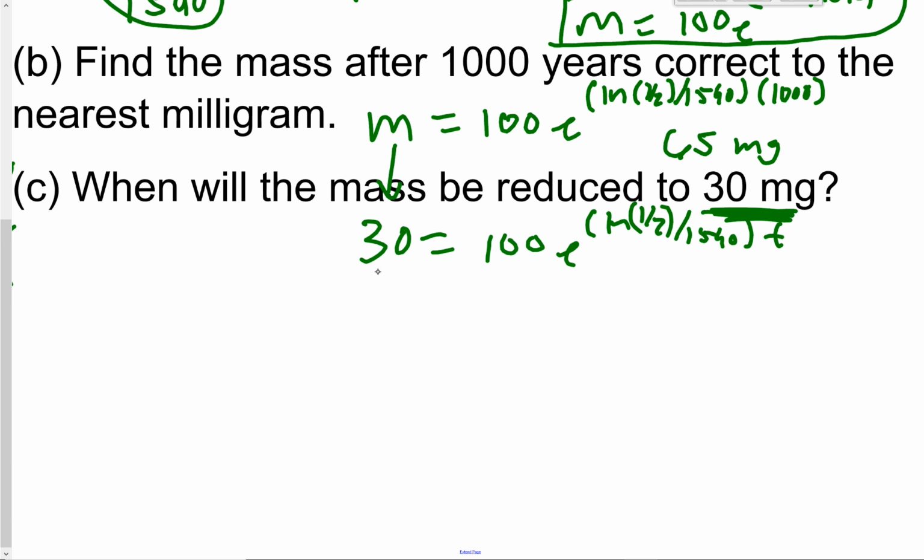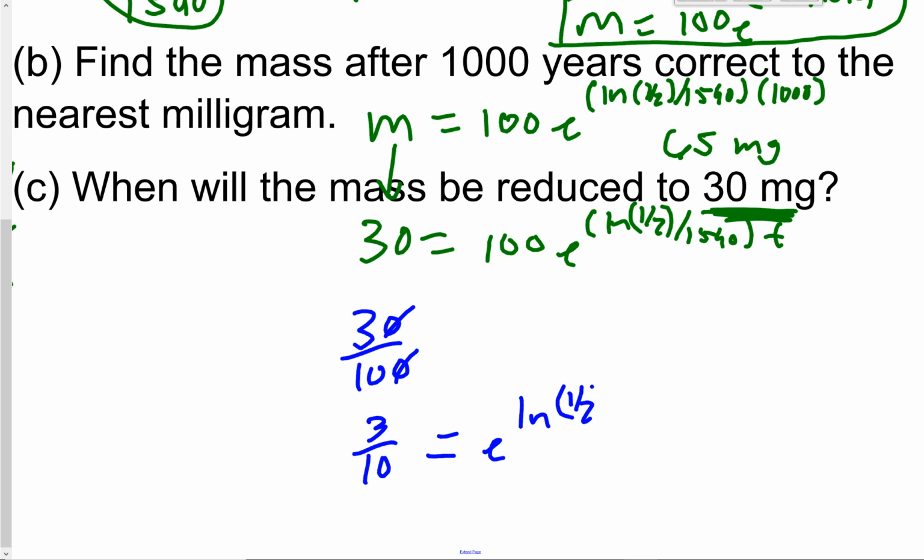So we divide both sides by 100, we get 30 over 100, or we can cross out those zeros, 3 over 10. Then the ln of all this stuff divided by 1590 and then times t. So now we take the ln of both sides.